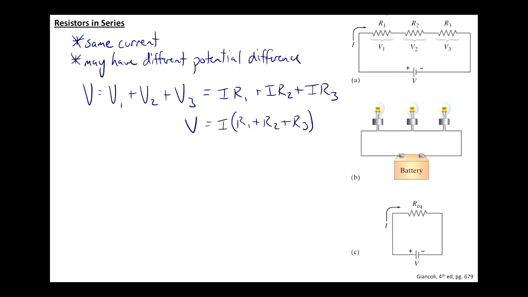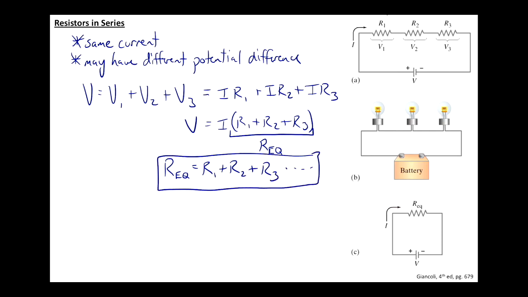The total overall potential difference is equal to the total current, which is passing through everything, times the sum of these resistances. So I might say that this sum of resistances is my equivalent resistance for the circuit. If they are in series, the equivalent resistance is simply the sum of all those resistors, for as many as you may happen to have.